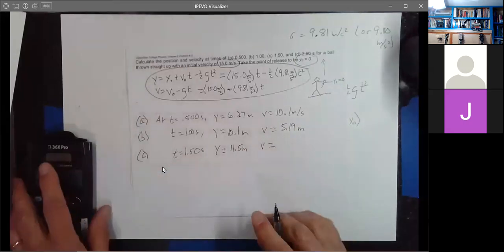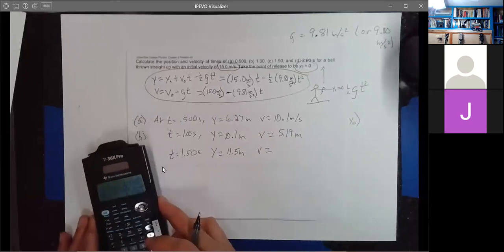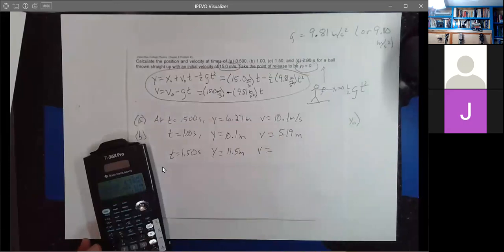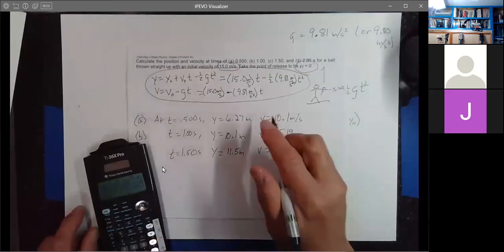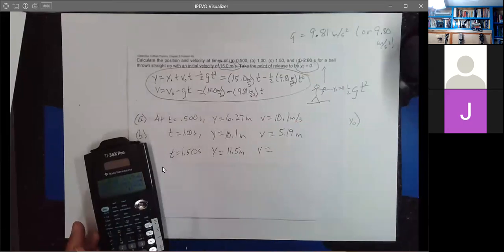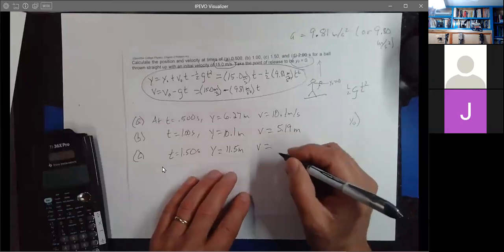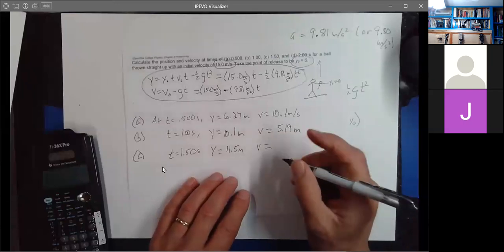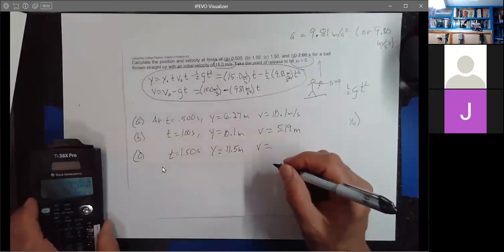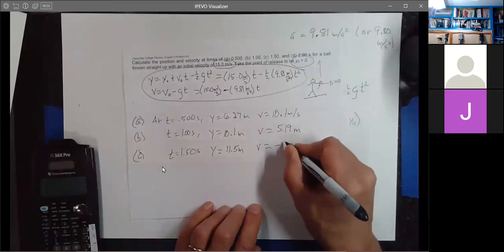And v at that point is going to be 15 minus 9.81 times 1.5. So I just replace the t with 1.5 again, and I get, is that right? 9.81 times 1.5. I get minus 0.29.